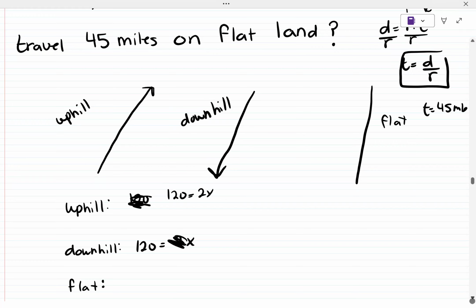So I'm going to say 120 equals 2x. And what about flat? It says two-thirds as fast uphill as it can go on level ground. So it's going to be two-thirds x.